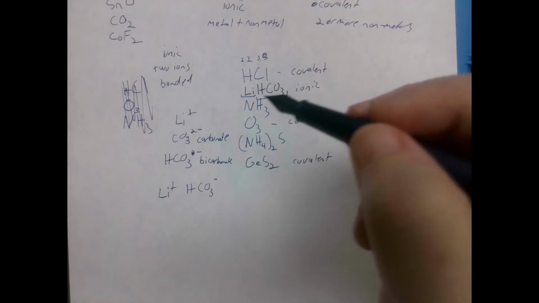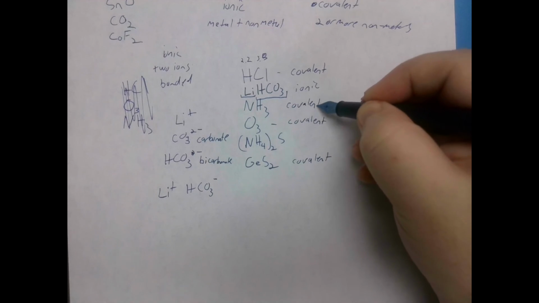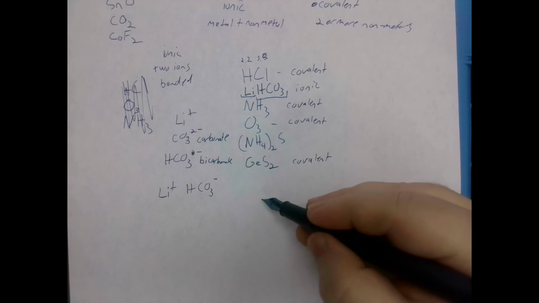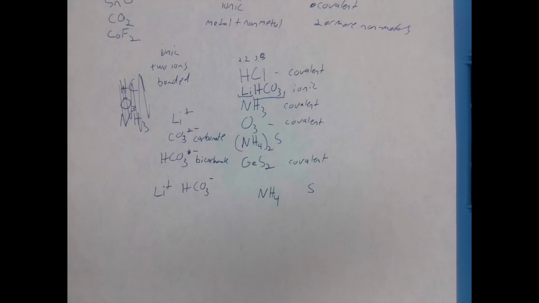NH3. Well, what is N and what is H? So it's covalent. What about this one? Well, we definitely have 2 of these for 1 of these.